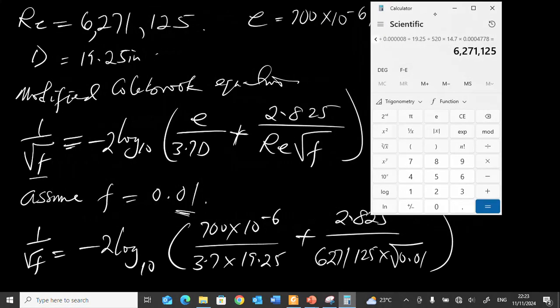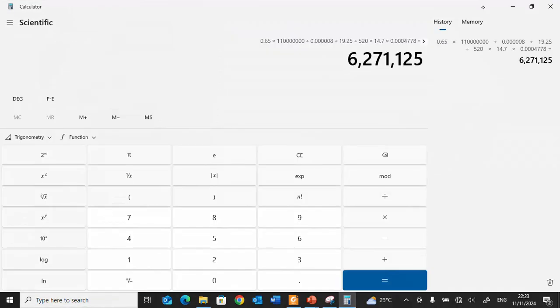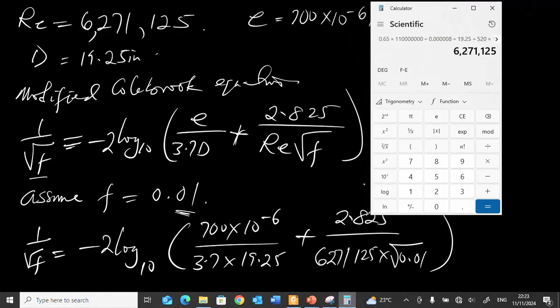So with this calculator, let's solve for the information on the left hand side, on the right hand side.